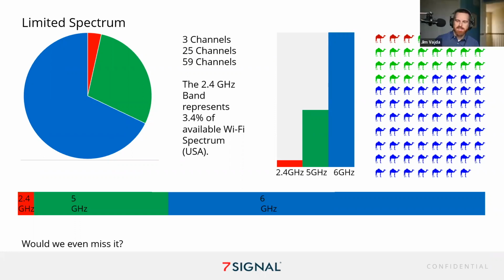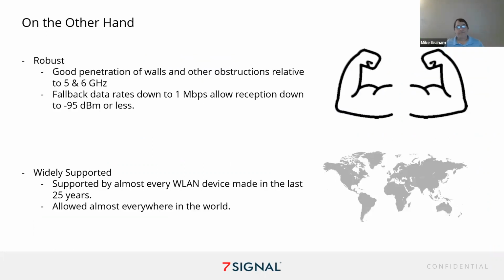Yeah, as long as our clients can use the other bands, absolutely we can. And that can be an issue. And I kind of bring that up. The other side of 2.4, it's the good and the bad. It's very robust. We get great penetration, at least compared to 5 and 6 gig, of walls and other obstructions.